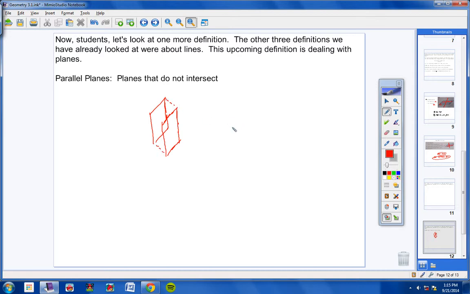The best way to describe parallel planes would be like a bookshelf, students. You know how you have a bookshelf that sticks out and books are on it, and then right below it is another bookshelf. Well, those two bookshelves that are above and below each other are parallel planes.